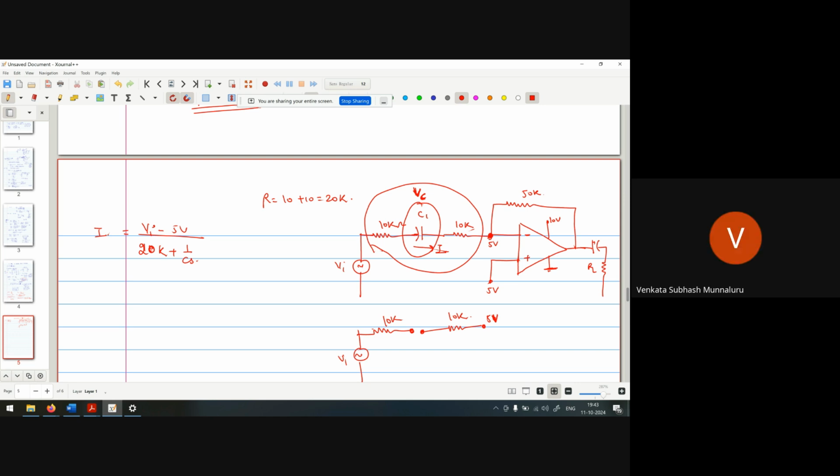So, sir, in this case, we consider the input impedance offered by the amplifier is 0? Input impedance offered by the amplifier? Then we are just neglecting it.